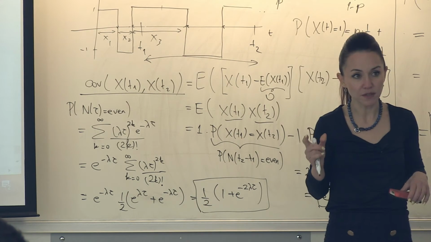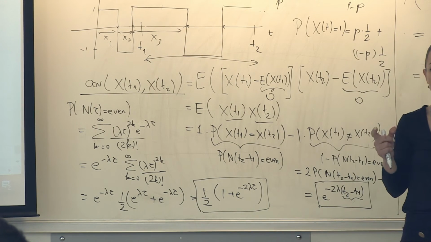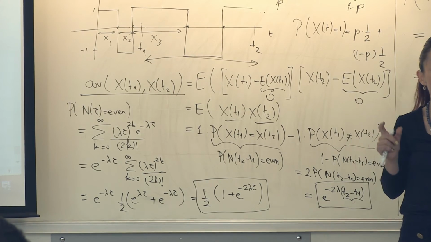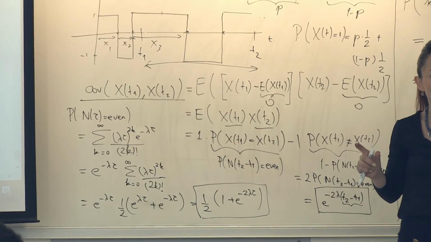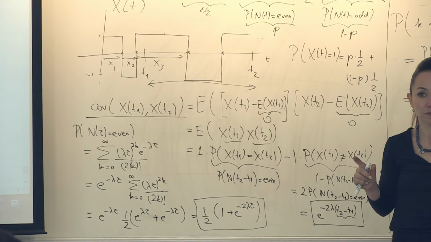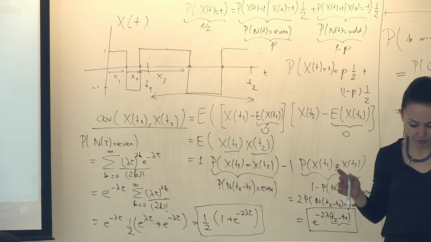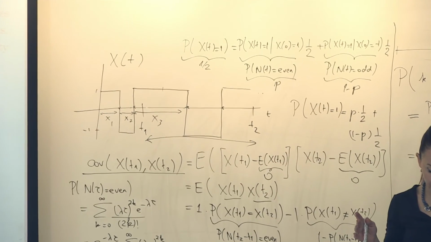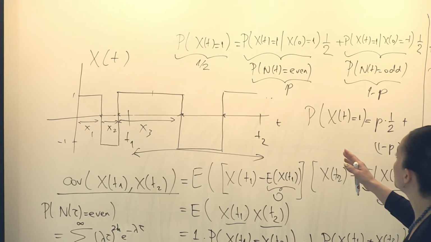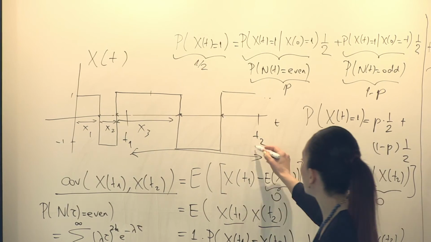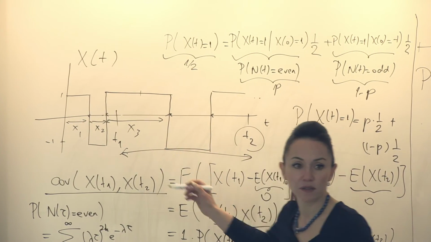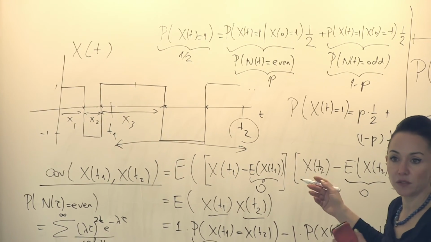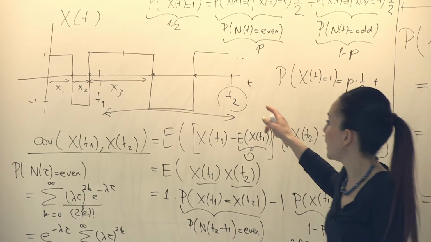The autocovariance function of this process depends on the time difference between the sample points. Samples become less and less correlated in time. Here, of course, I assumed that T2 is a time that's later than T1. If T1 and T2 were switched, we would have T1 here.